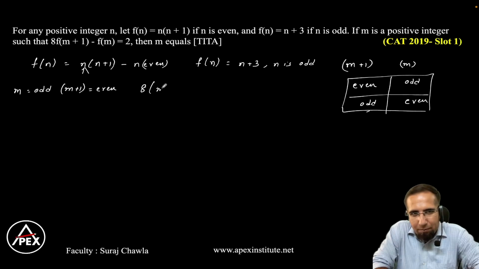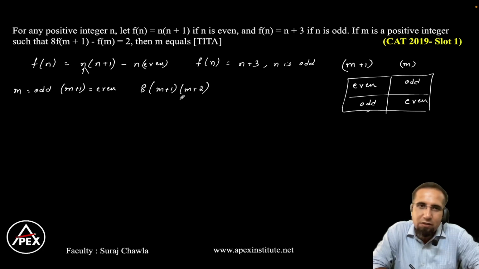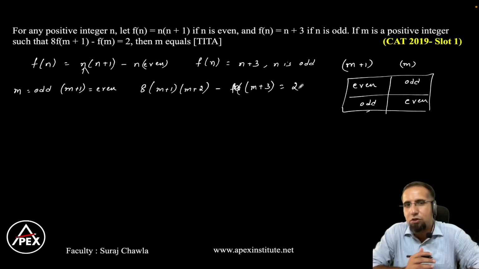That becomes 8 times of m plus 1 into m plus 1 plus 1, that is m plus 2. And f of m becomes an odd number. So instead of n, we replace m. So that becomes m plus 3. Right? F of m will become m plus 3 and this value given to us is 2.